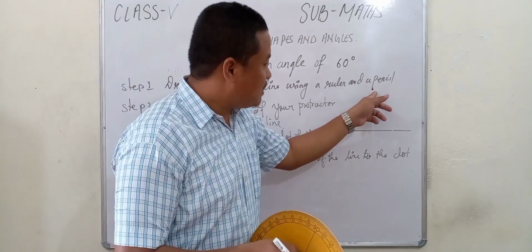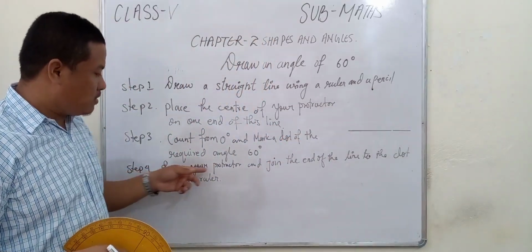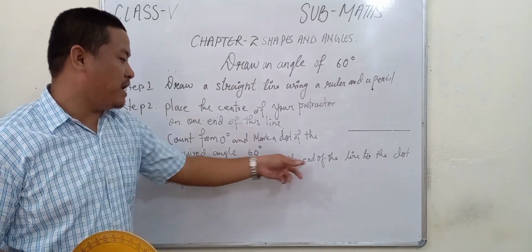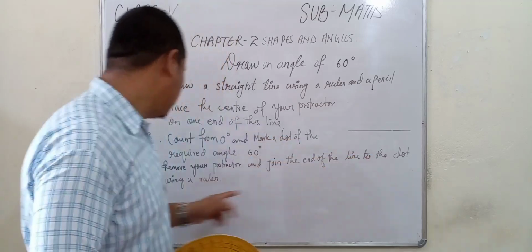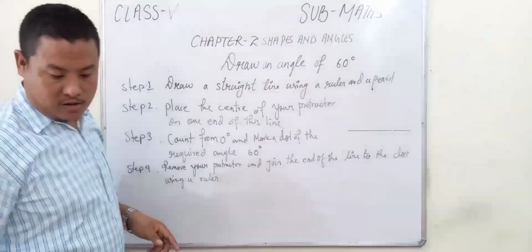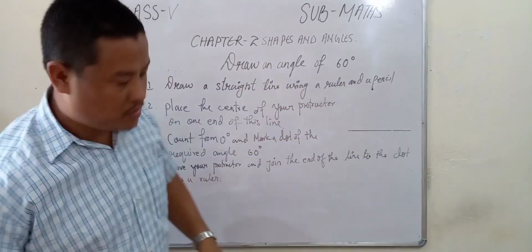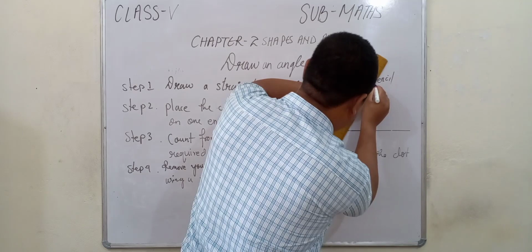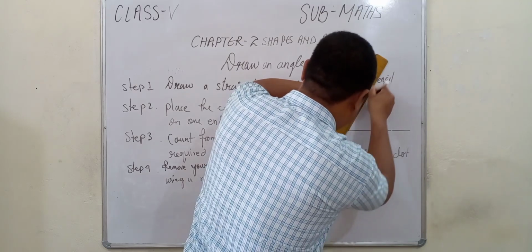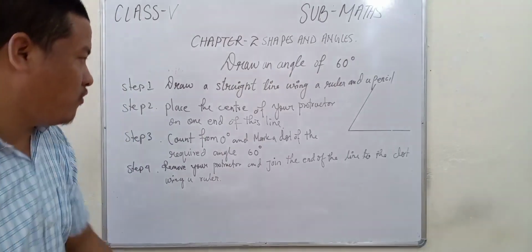And I mark here, this is 60 degrees. Now step 4, remove your protractor and join the end of the line to the dot using a ruler. Now we have to join this and this dot with the help of a ruler. Look, this is step 4.